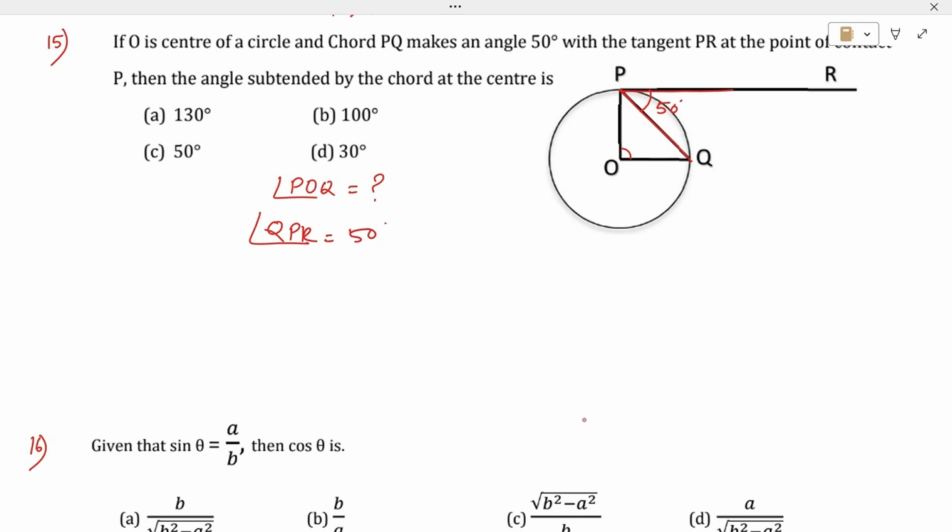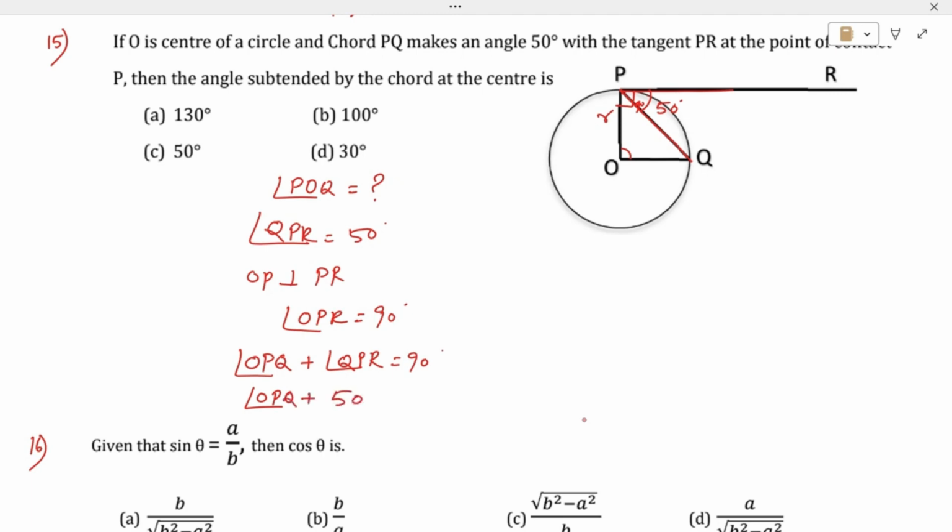And OP is a radius perpendicular to the tangent. So OP is perpendicular to PR. So angle OPR is 90 degree. I know angle OPQ plus angle QPR is equal to 90 degree, isn't it? So I don't know OPQ, I'm keeping as it is.